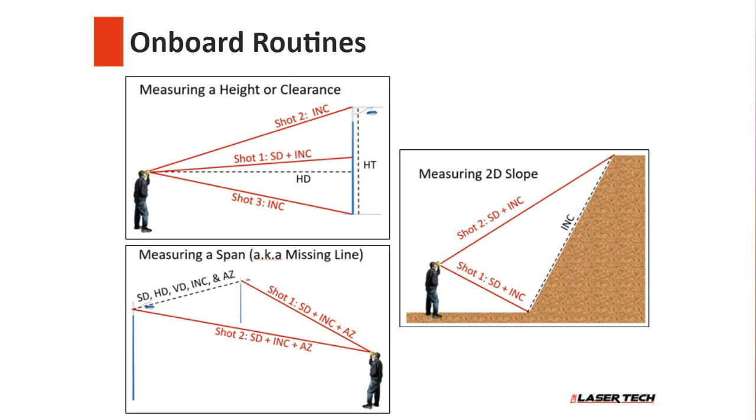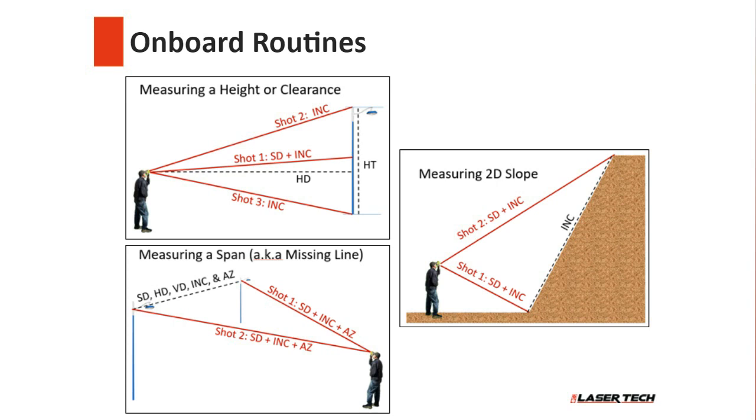We also have what we call the missing line routine. On the right diagram, measuring a 2D slope, we can measure the slope percent. We can measure the length of that slope with just 2 shots. That is what we call a missing line routine. And when the compass is incorporated in the lasers, now we can do a 3D missing line routine.